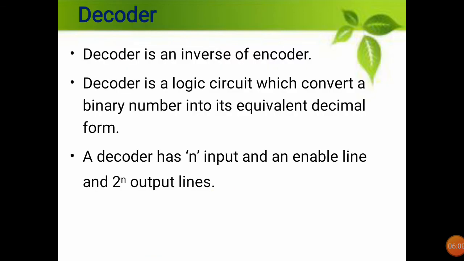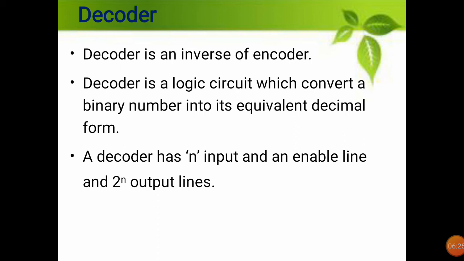Now the decoder. A decoder is an inverse of an encoder. A decoder is a logic circuit which converts a binary number into its equivalent decimal form. A decoder has n inputs and an enable line E, and it has 2 to the power n output lines. Keep in mind, if the decoder has n inputs, then it has 2 to the power n outputs.